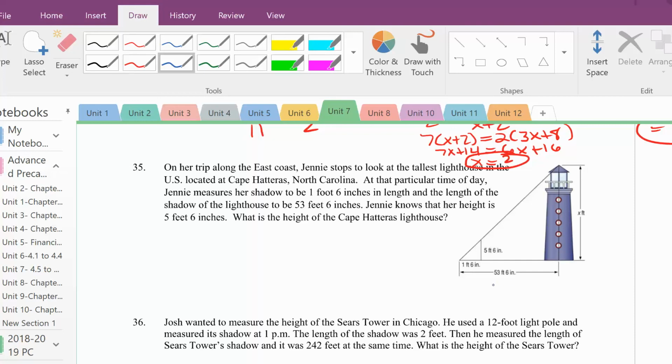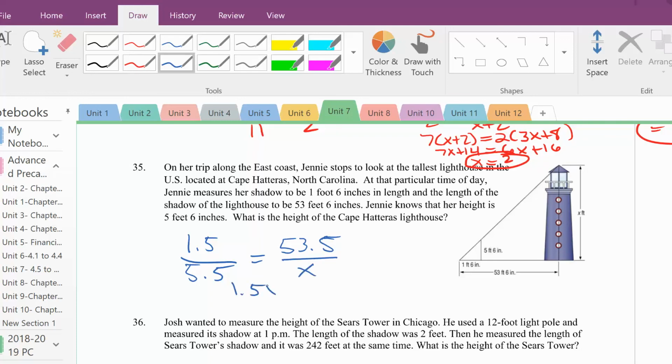So you set up a proportion. Now 1 foot 6 inches is 1.5 feet over 5.5 feet, because 6 inches is half a foot, equals 53.5 over x.